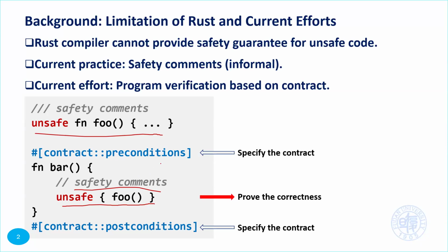Currently, the effort of the community is to do formal verification, especially based on model checkers. In formal verification, we provide a contract which includes the precondition and postconditions, and we can then use a model checker to prove the correctness of the function implementation.